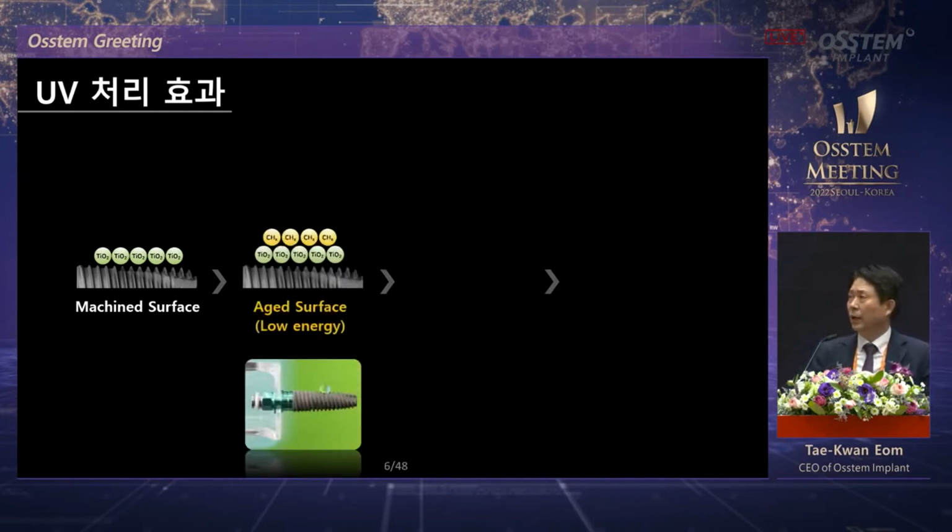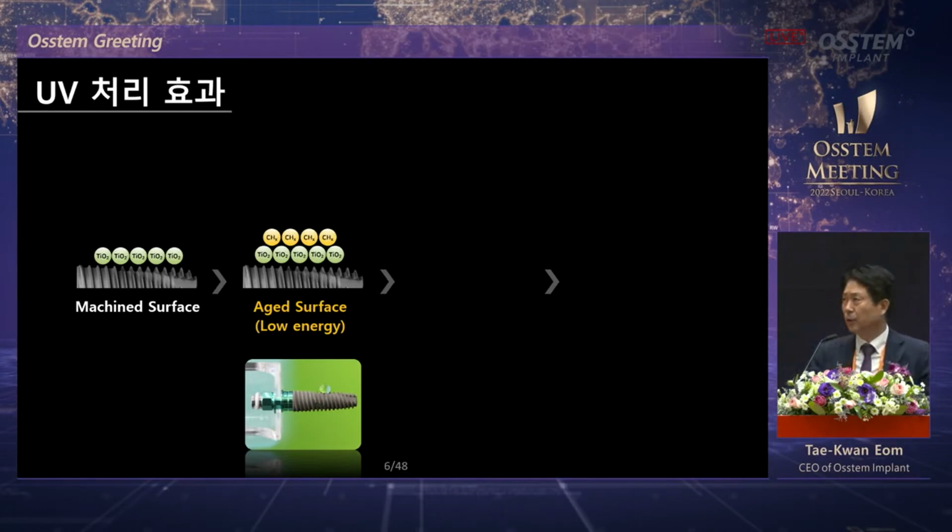TiO2 layers would be formed instantly, and you're looking at the word aged. Hydrocarbon. The organic materials would be attached to the surface. Hydrophobic. The water drops are formed.